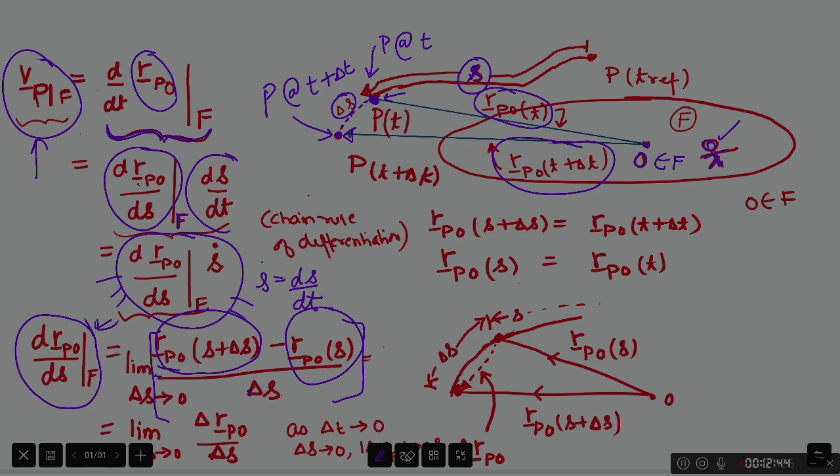Now we realize that RPO at t plus delta t is the same as RPO at S plus delta S, and RPO at time t is the same as RPO at S. These are just different ways of writing the same vector.